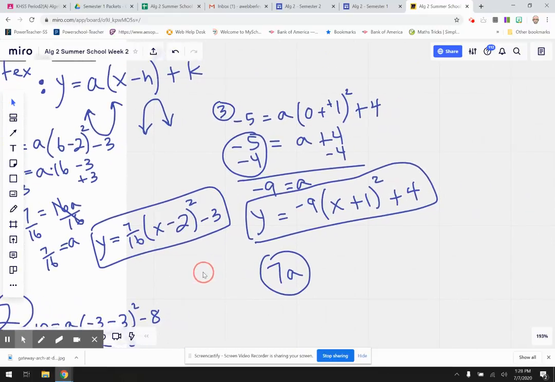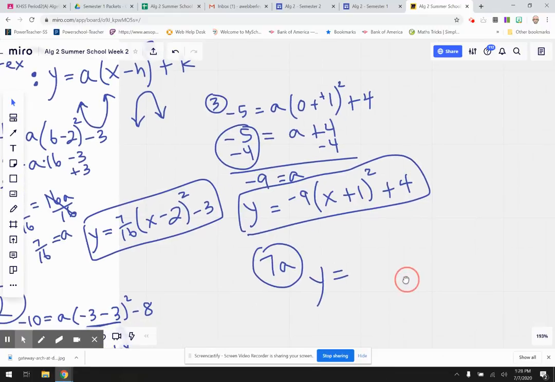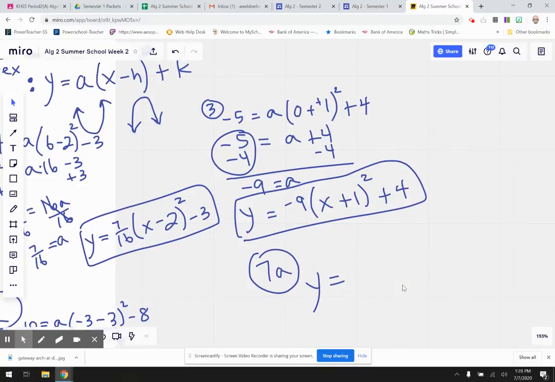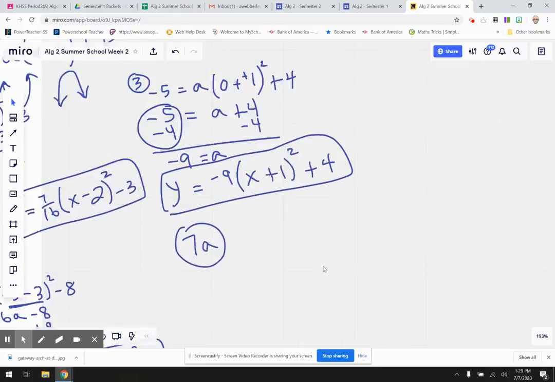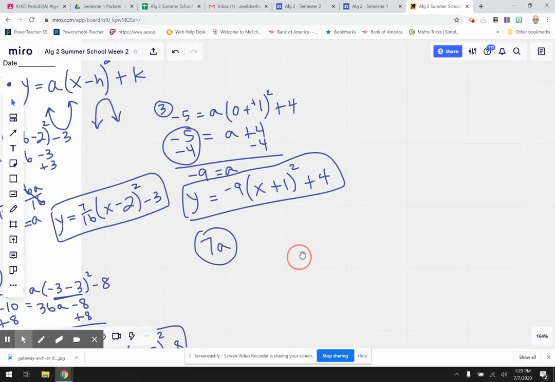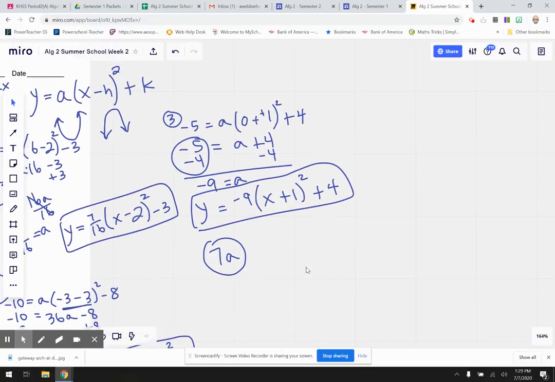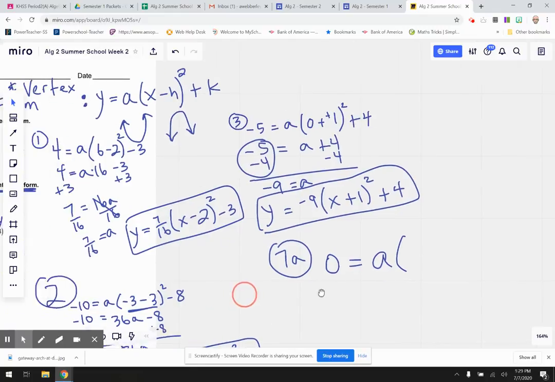y equals, and we have our a, we don't know. Or let's put in the y value. Sorry, the y value was a 0. Okay, so let's keep that there. So 0 equals, we don't know a. Then we want x. Now the x value was, what was the x value?